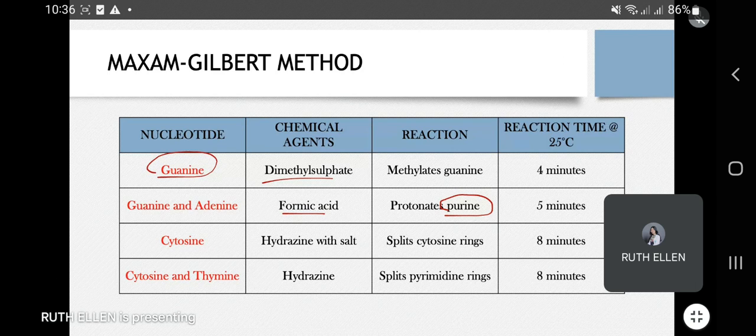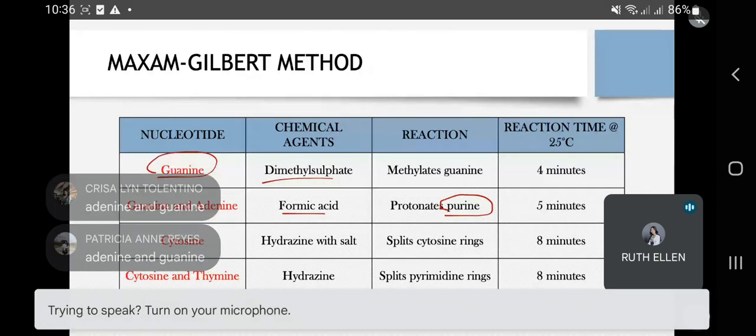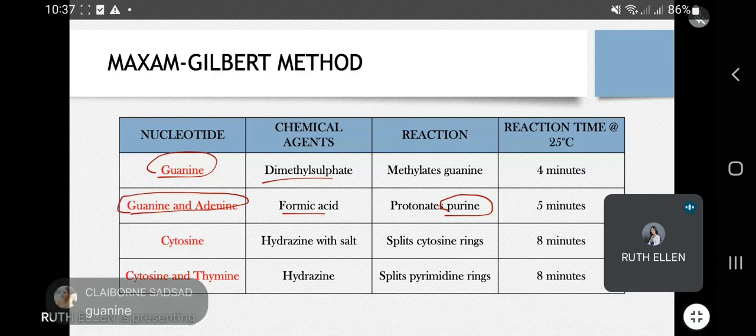Nandyan pa ba kayo? Okay, we have adenine and guanine. Nasa PowerPoint na. So, purines, we have adenine and guanine. Their action happens in 5 minutes at 25 degrees Celsius. Ang target ni formic acid is both guanine and adenine.